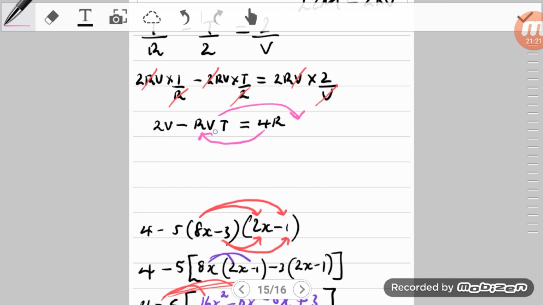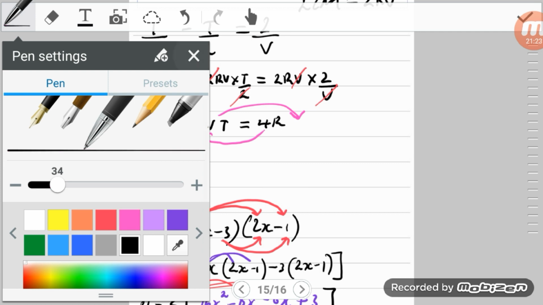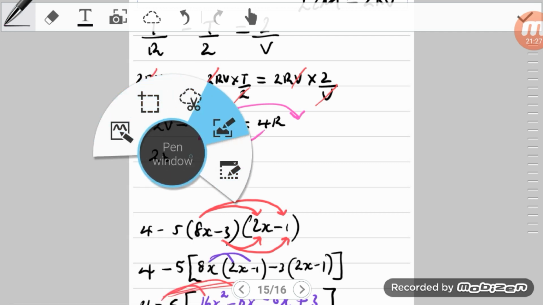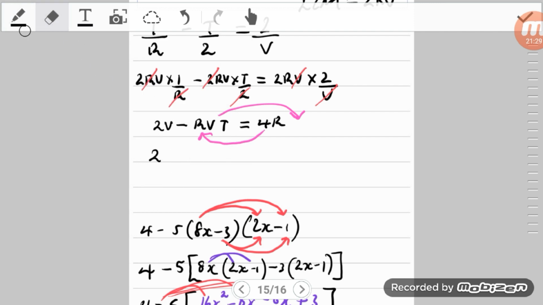All right. And so what that does for me now is that I'll end up with 2V take away 4R. And that's equal to positive RVT. All right. And now once my subject is positive, I'm feeling a bit safe. So all I have to do now is to isolate the T by dividing both sides of the equation by RV.